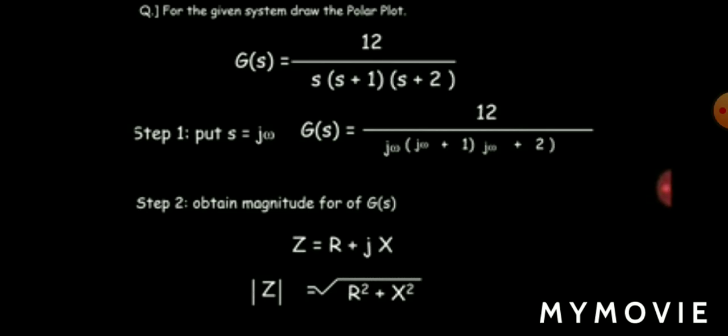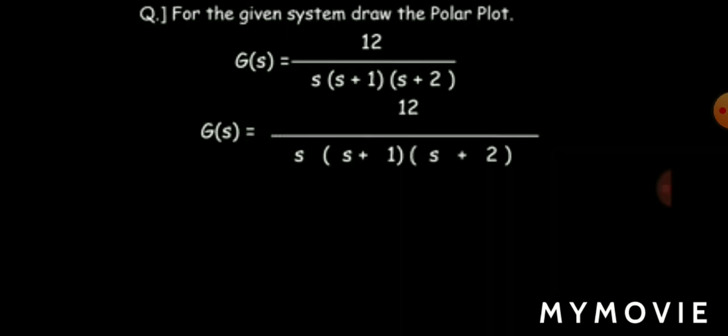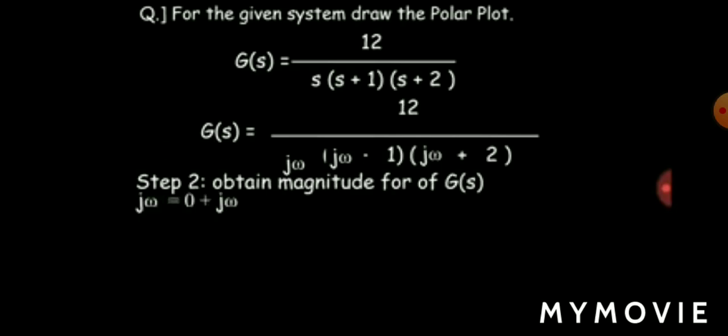I will just give you an example. 12 is there, so the magnitude of 12 is 12 plus j0. There is no j term, so it is the root of 12 square plus 0 square.